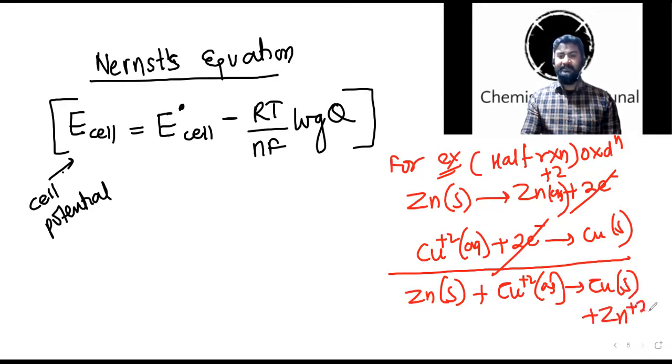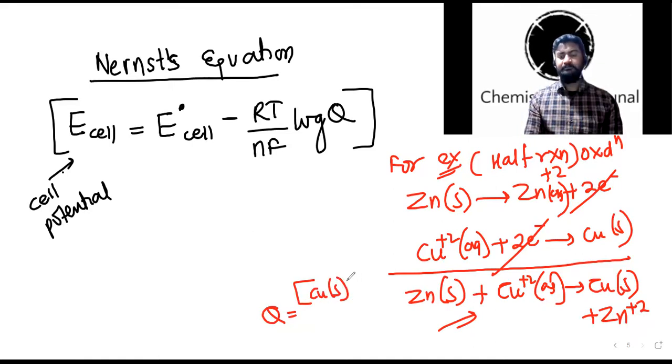Yeah. So for this equation, can you write the Q thing that you have learned in equilibrium chapter, class 11th? Products concentration, which is copper solid into zinc solid, divided by reactants concentration, zinc solid by copper 2 plus.